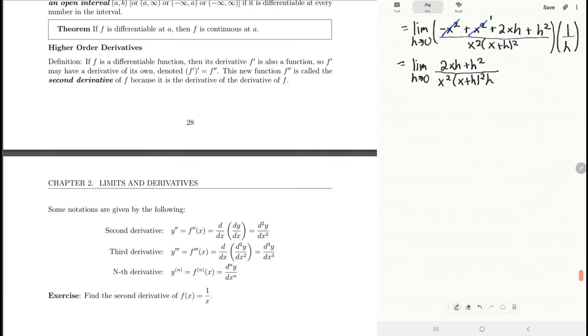And now we can simplify. We can factor an h from the numerator, and we're left with h times (2x plus h) all over x squared times (x plus h) squared times h. And now the h's can cancel.